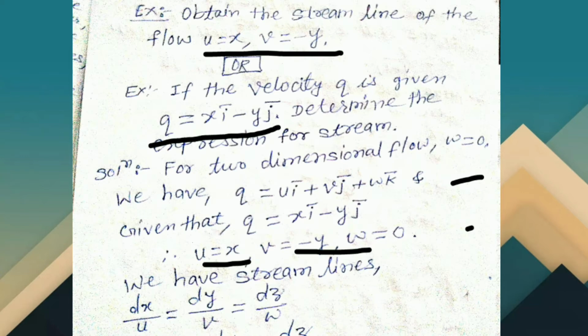Now we have the streamlines: dx upon u, dy upon v, and dz upon w.